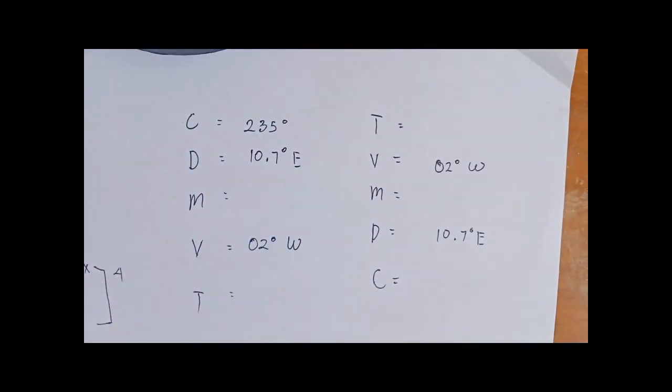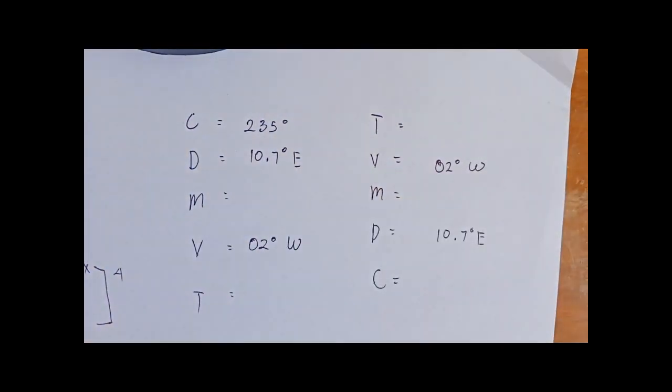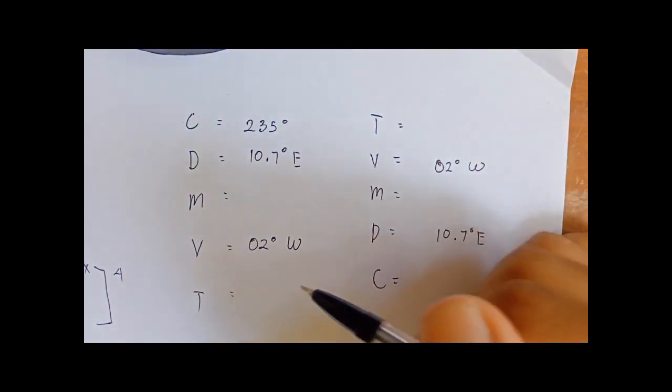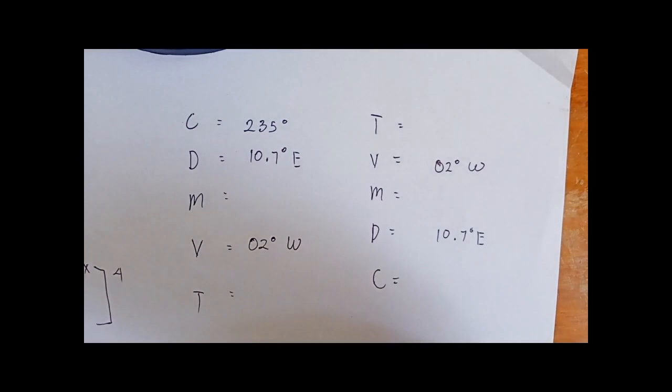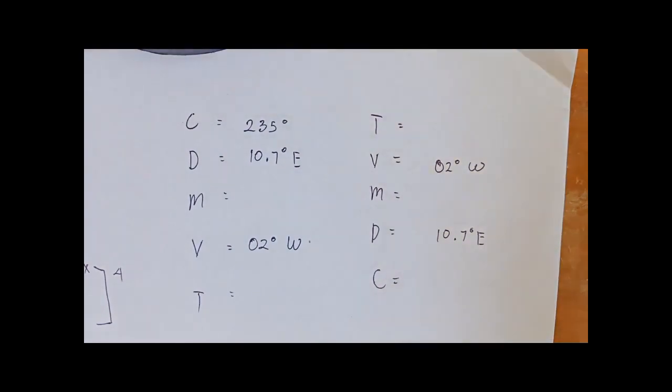Now we can solve the magnetic heading. 235 degrees plus 10.7 degrees east, we must add because it is east.